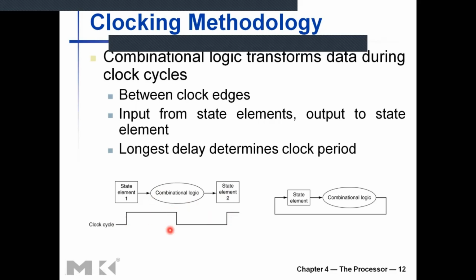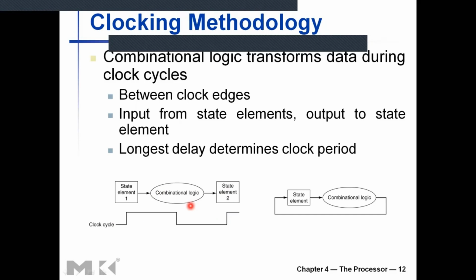There are a lot of different operations that happen in combinational logic, like adder, multiplier, AND operation, OR operation. All those different types of operations should be able to complete within the clock cycle.